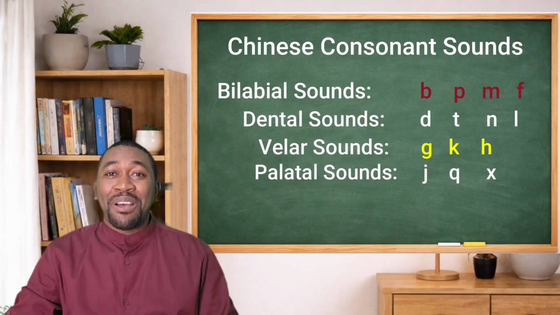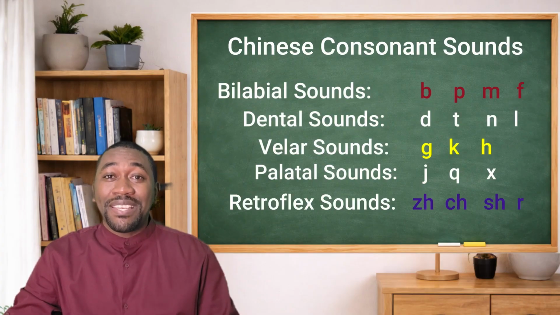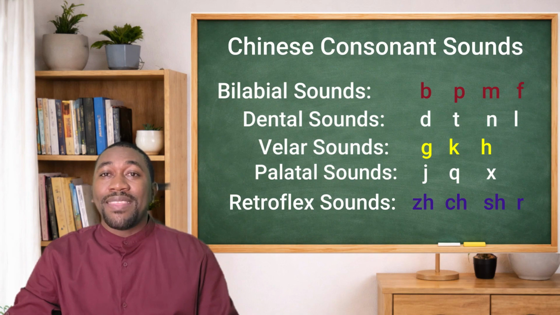The next set of sounds is called the retroflex sounds. This means that your tongue is slightly curled back. So we have the first one, and that's zh, and that is kind of a deep J sound with a little airflow.